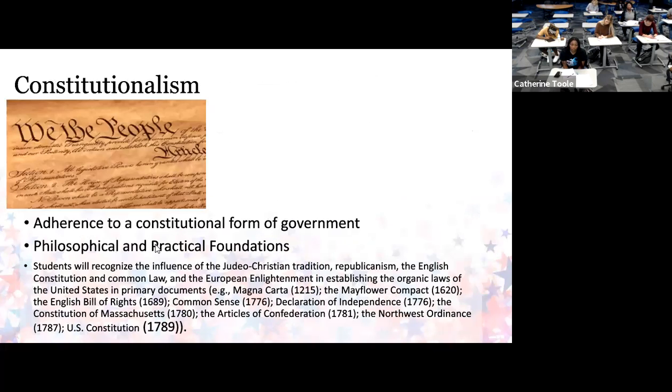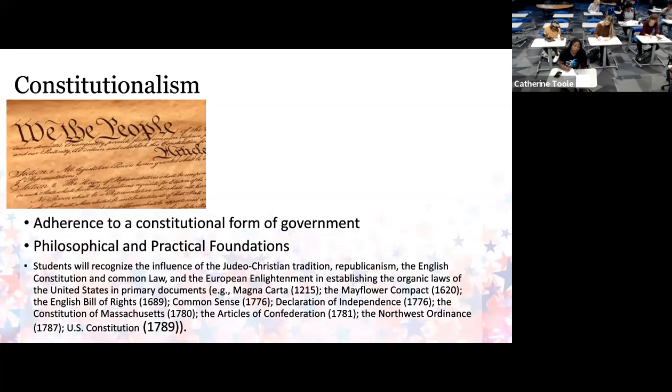All right, so the Constitution, constitutionalism, like we said, there's going to be a whole section on just the Constitution. Constitutionalism is government based on a constitution, adherence to a constitutional form of government, and it has philosophical and practical foundations.